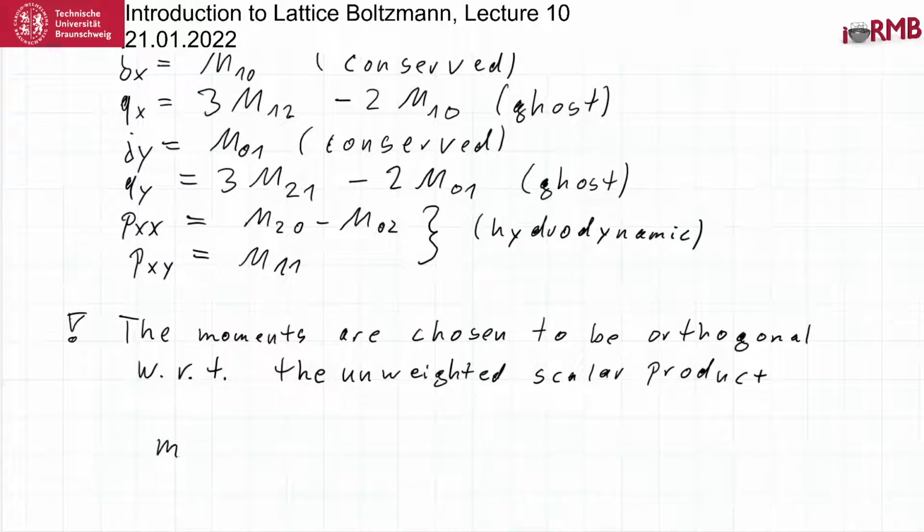So we have a moment m phi, some moments, which again I write here for my convenience in terms of the countable moments. So ij from -1 to 1, and then there is a kernel phi ij times fij.